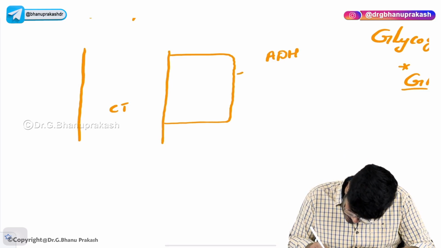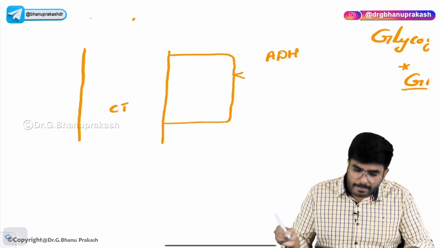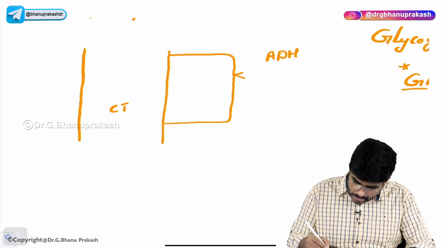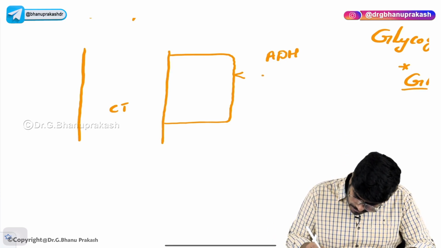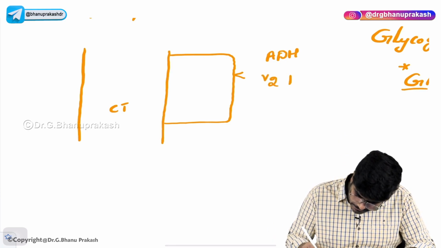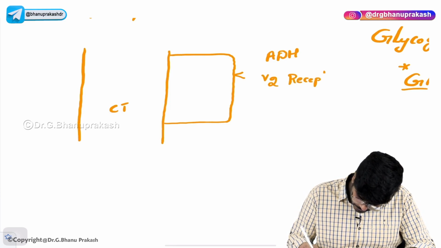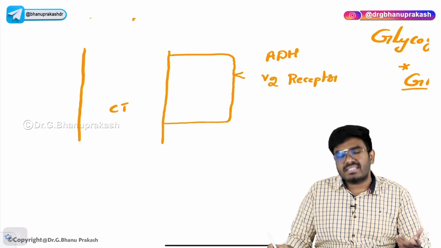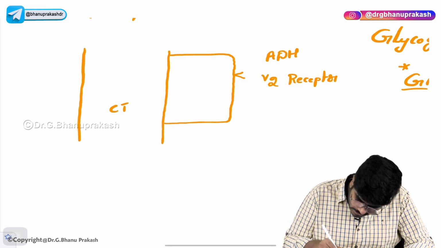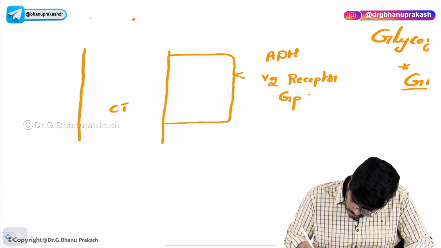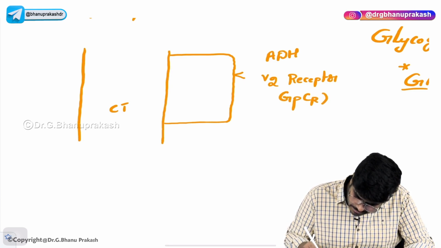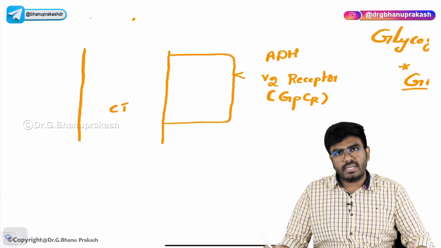So now it's acting on a receptor on the cell surface. This receptor is called the V2 receptor, which is nothing but a G protein coupled receptor, a GPCR.